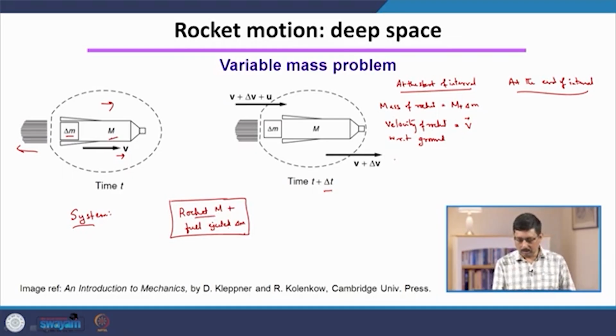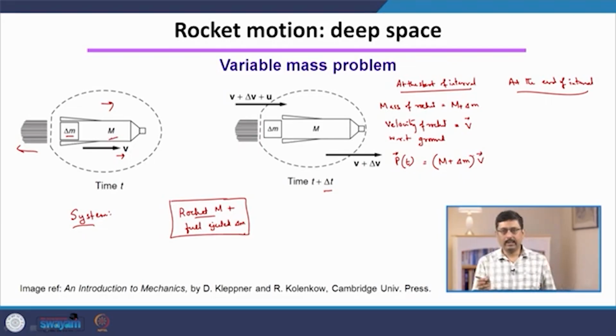Now we can write down the momentum of the system at time t. The momentum is simple: it is m plus delta m, the total mass of the system, times its velocity v. Now let us write down the corresponding quantities at the end of the interval. This is the picture at the end of the interval.